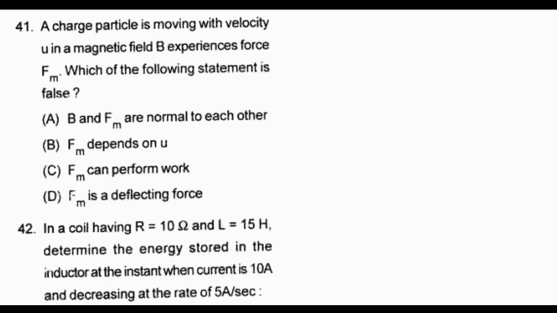So here a charge is moving with a velocity u in a magnetic field B, and experiences a force Fm. So Fm is generally given like this: Fm vector is equal to q, that is the amount of charge, into u vector cross B vector. What is u vector? u vector is the velocity vector of that charge, and B is the magnetic field vector.